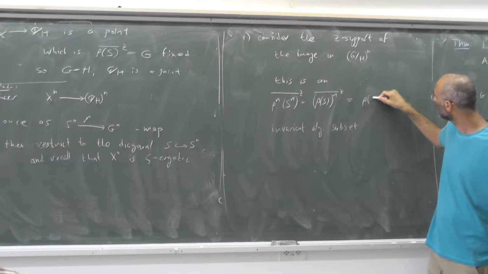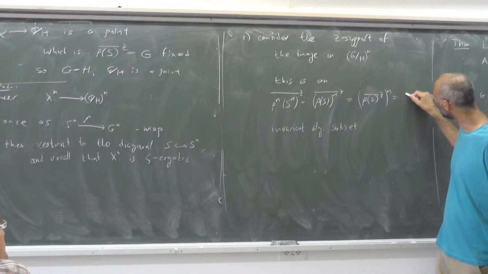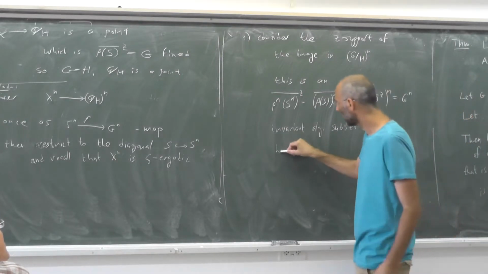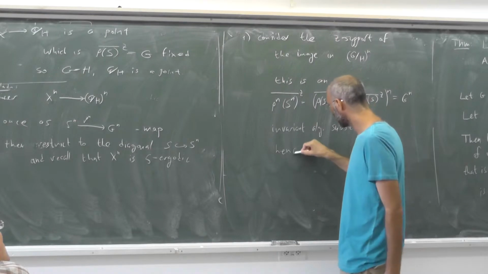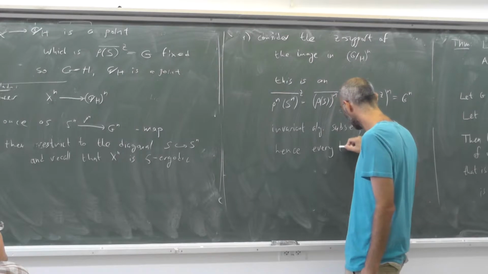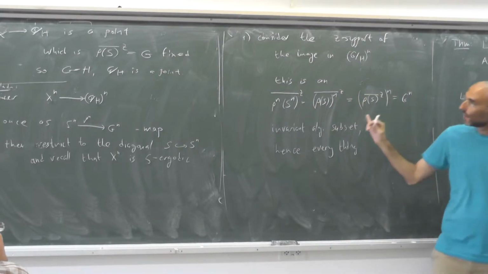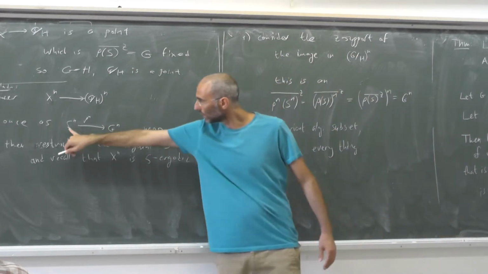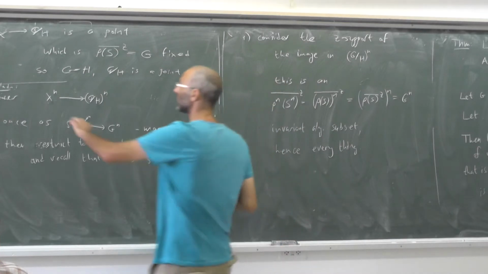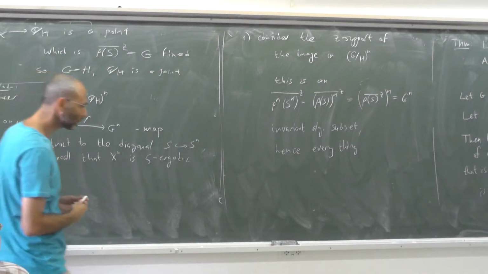So this is the same as rho of S equals Z to the n. This is just G to the n, everything. So far, by the S to the n invariance, I see that the image here is essentially dense.